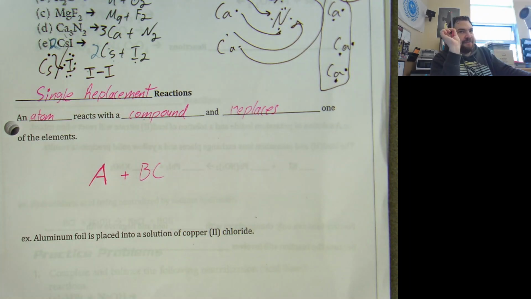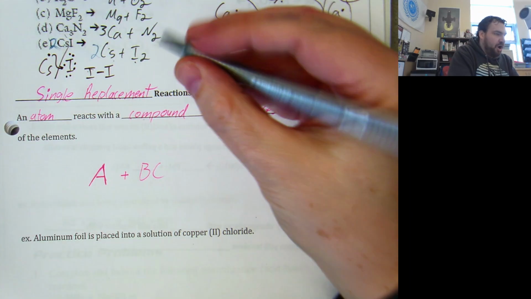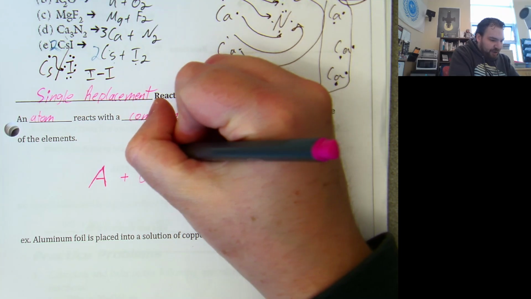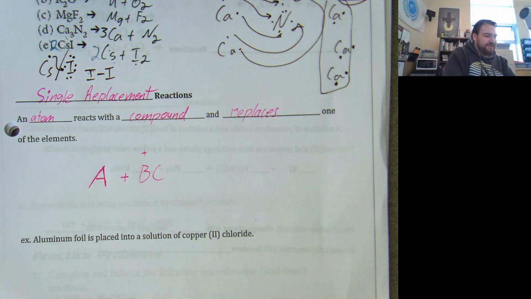The metal, and the metal is always charged positively. So when you list a chemical compound, the positive ion always gets listed first. The negative one always gets listed second.